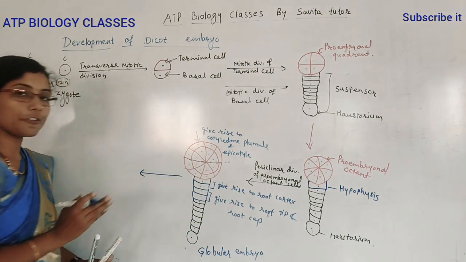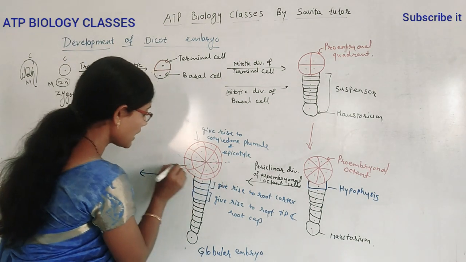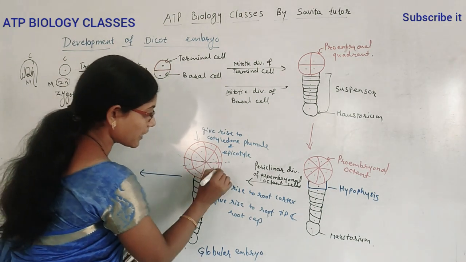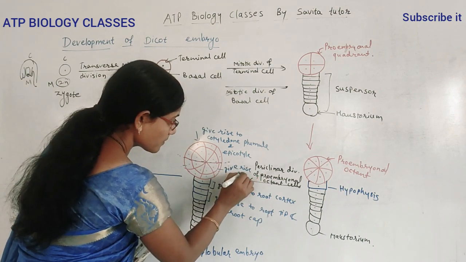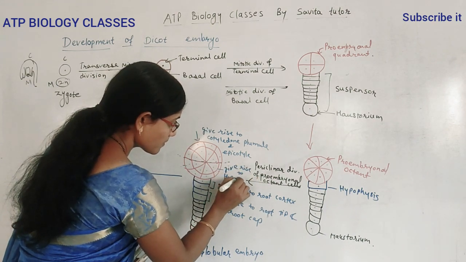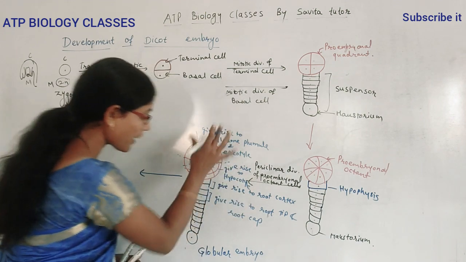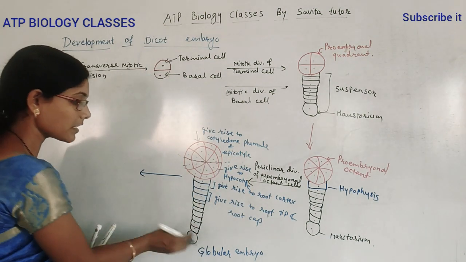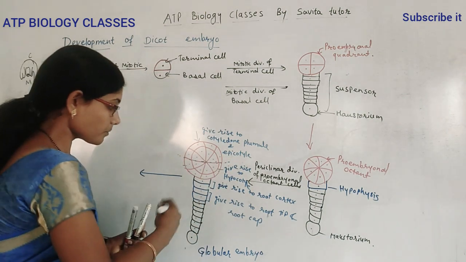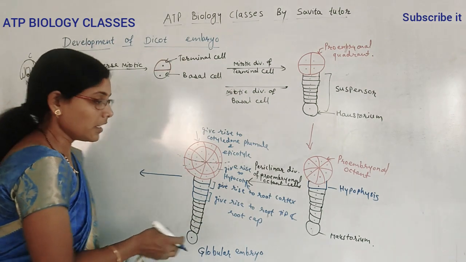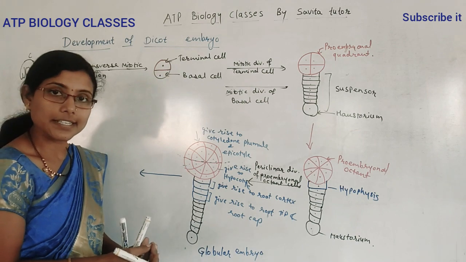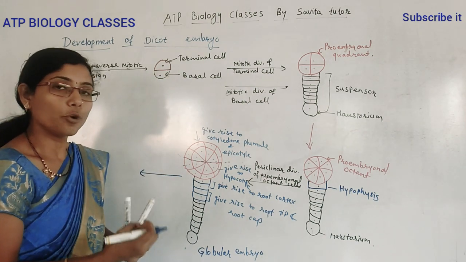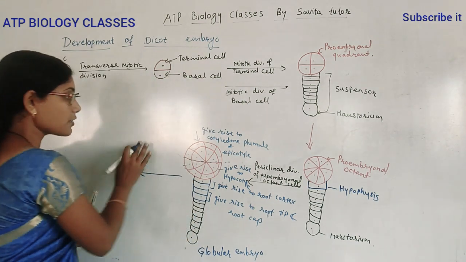And the lower half is going to give rise to hypocotyle. So this fate is already decided. Suspensor will ultimately degenerate later on. The suspensor's role is to push the embryo towards the nucellar cells, so as to get more and more nutrition. Right. Next, what happens?